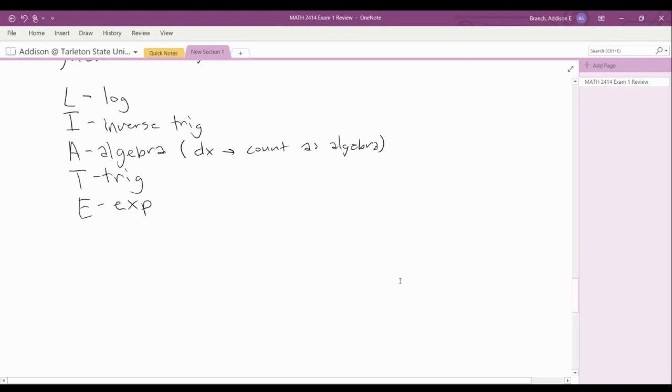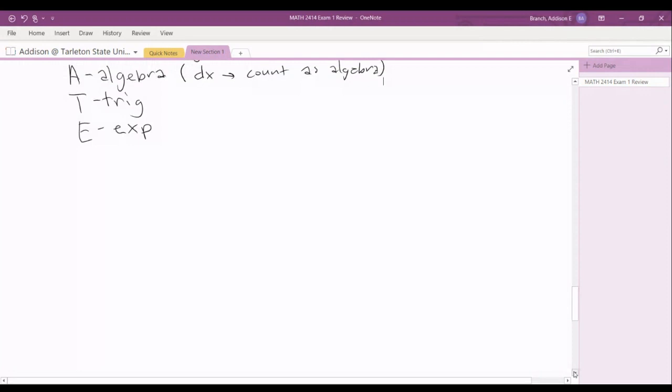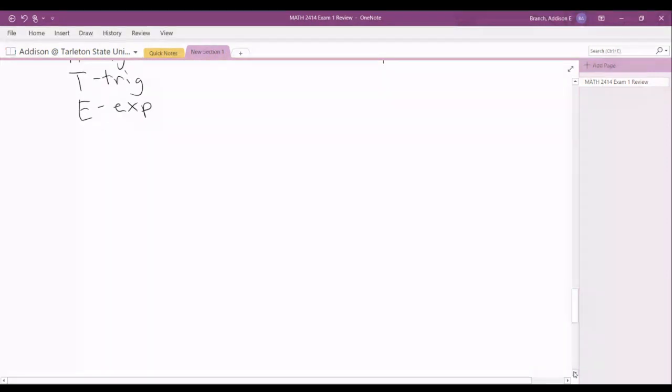So I'm going to go ahead and do a really quick example for integration by parts. For this one, we are going to have the function ln of x over x squared dx.